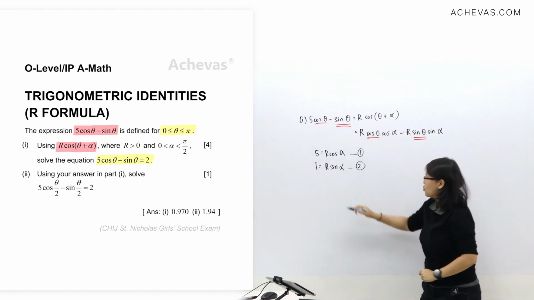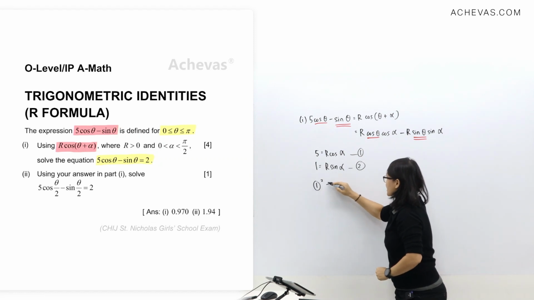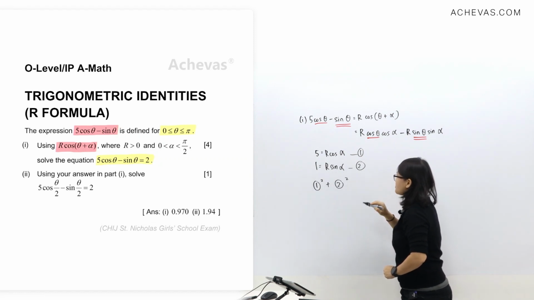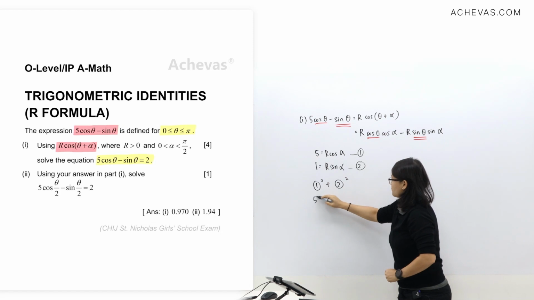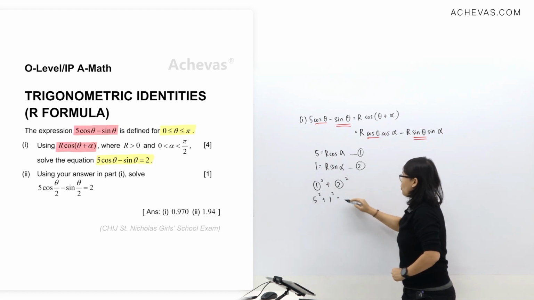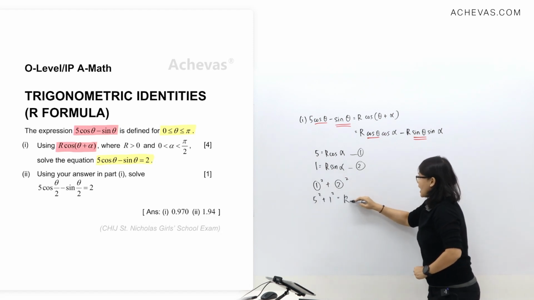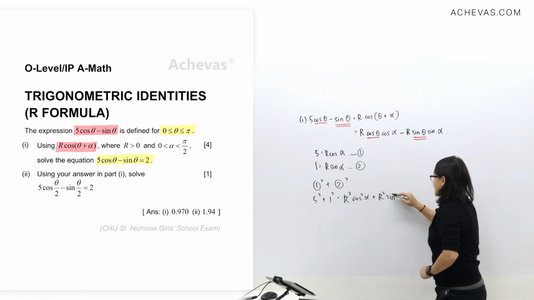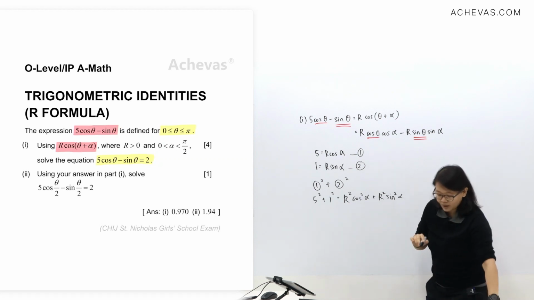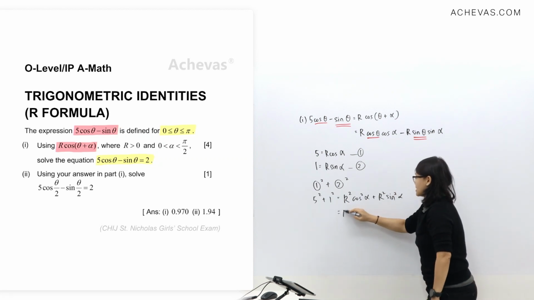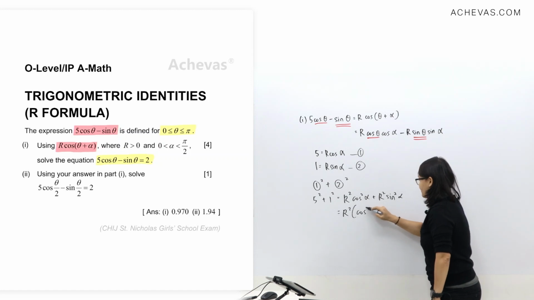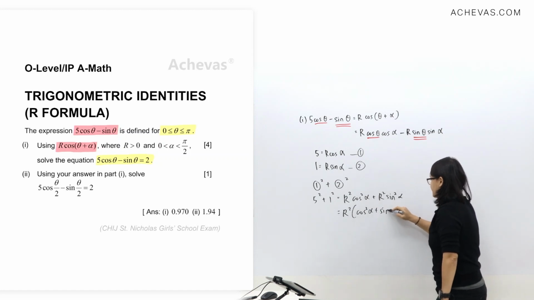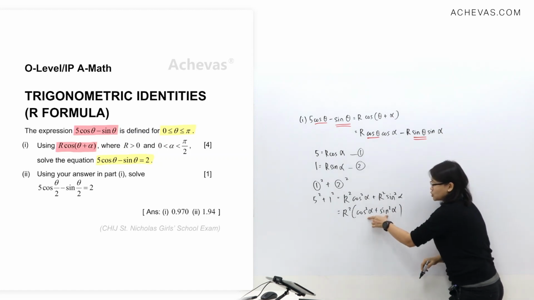Next step, we're going to do 1 squared plus 2 squared. So on the left, which is 5 squared plus 1 squared. What happened on the right? R squared, when you square both, it looks like that, plus r squared sin squared alpha. Now if I factorize r squared, I will have an identity here, which is 1.